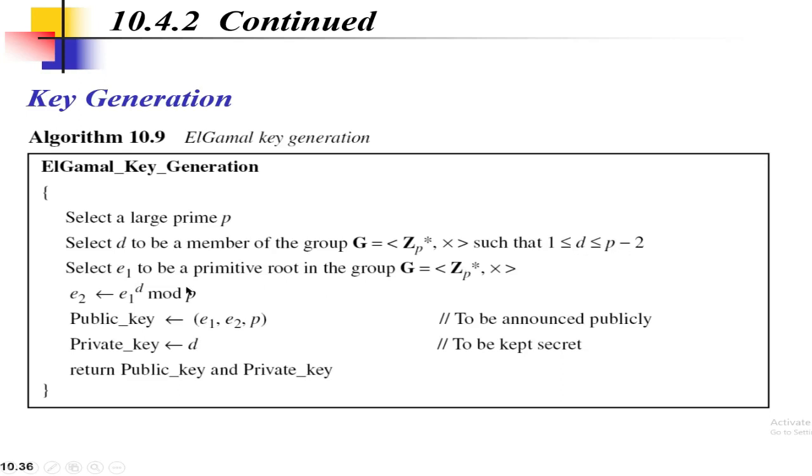Then it selects a primitive root E1, which also belongs to ZP star. After that it calculates E2 equal to E1 to the power D mod P. Here the public key is E1, E2 and P, and the private key is D. Then it returns the public key and private key. This is the key generation algorithm.